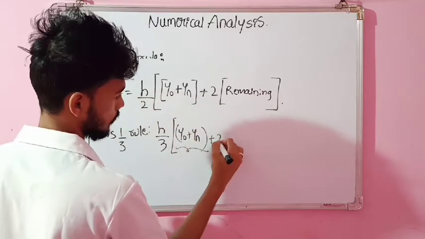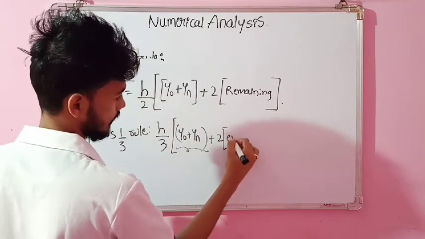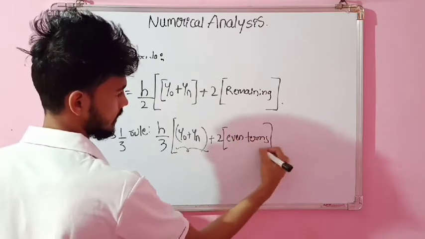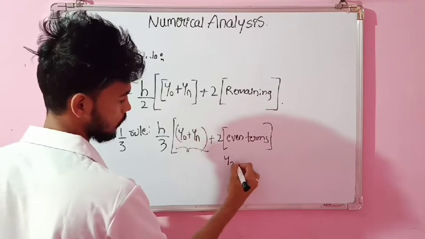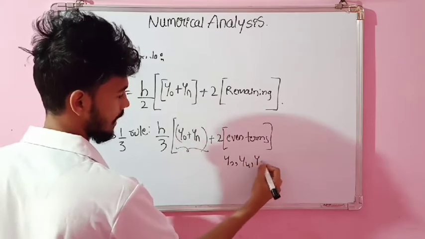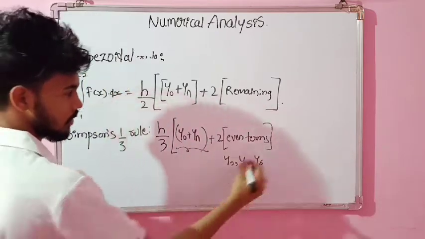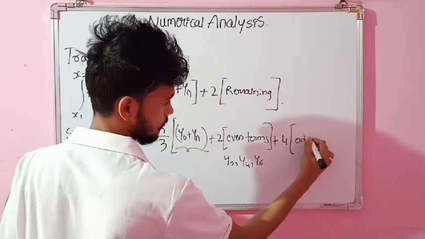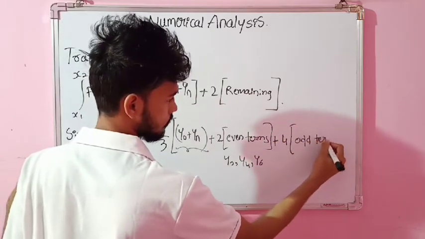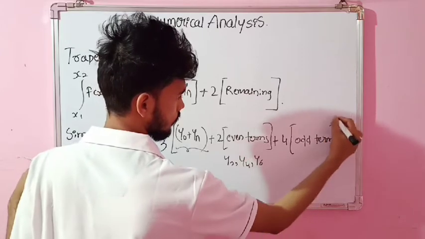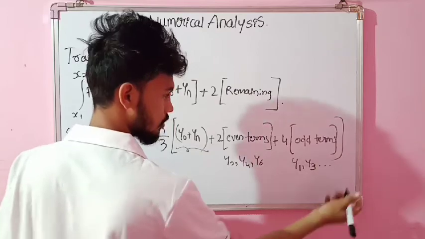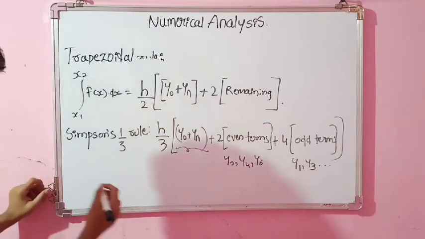Plus 2 times the even terms, nothing but y2, y4, y6 and so on, only the even terms, plus 4 times the odd terms or the remaining terms. Odd terms are nothing but y1, y3, and so on.